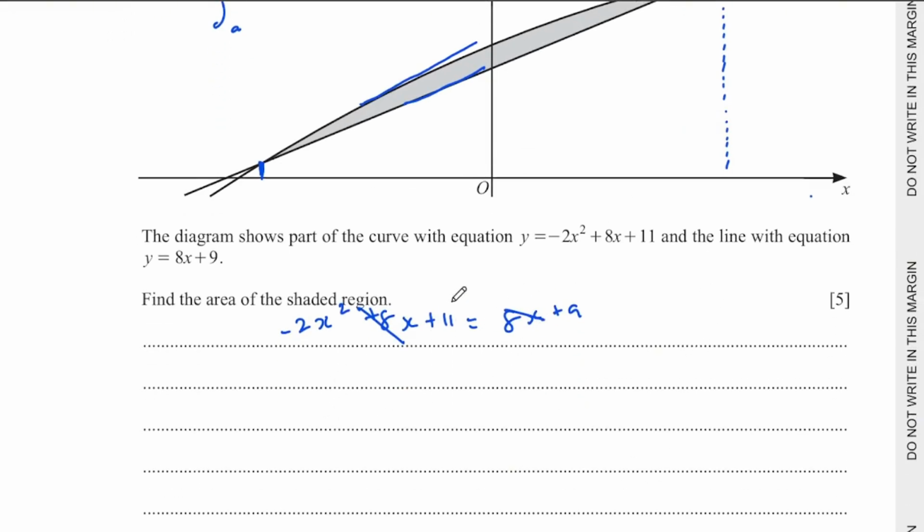So negative 2x squared equals 9 minus 11, which is negative 2, divided by negative 2. x squared equals 1, and so x equals positive 1 and x equals negative 1, and those are our 2 limit points.